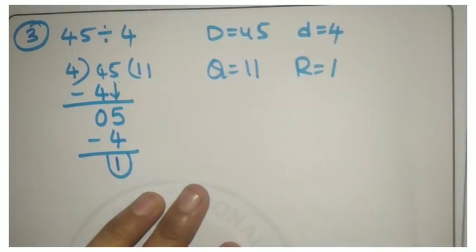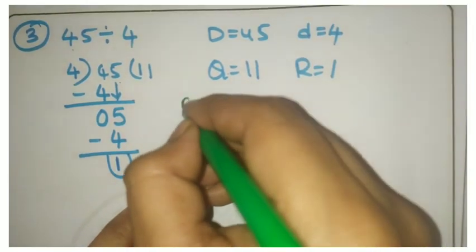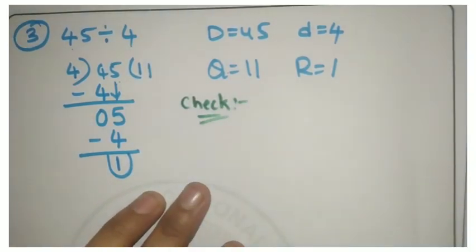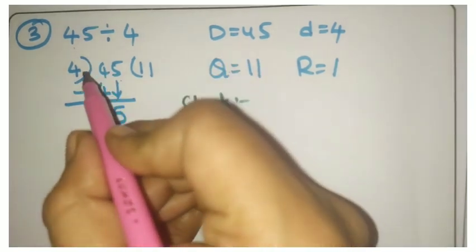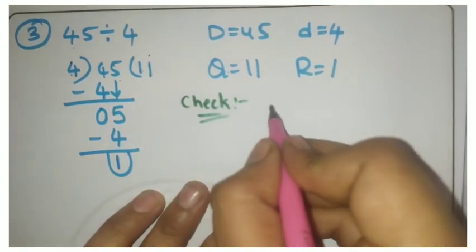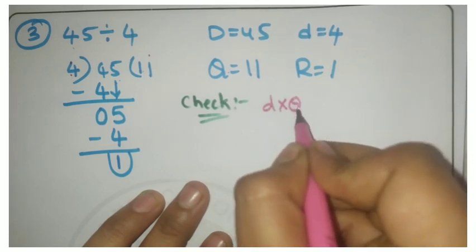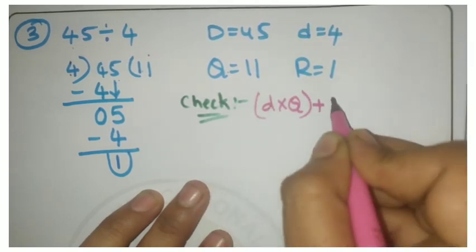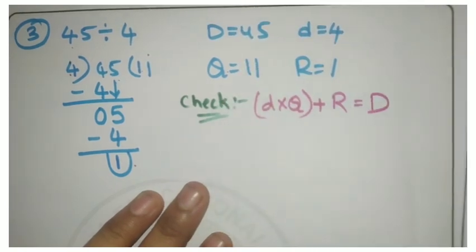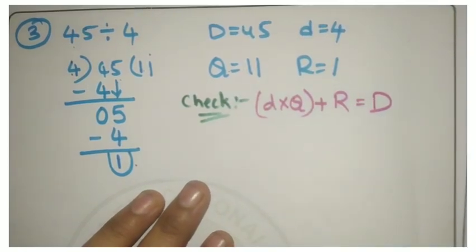Okay, now we'll do the check here. What is the formula for check? Yes, we'll multiply these two, divisor and quotient. Divisor into quotient plus remainder equal to dividend. Okay, look here.